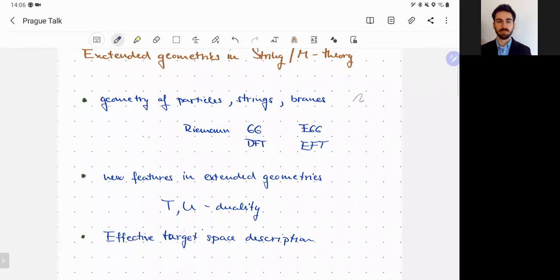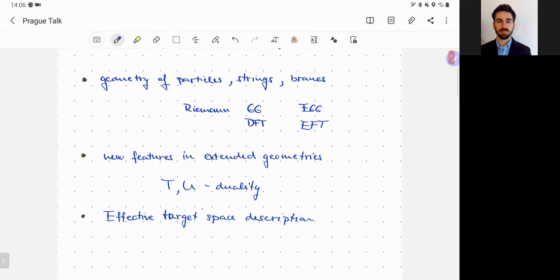I'm gonna tell you how extended objects in physics see richer geometries rather than just Riemannian geometry in the particle setup. So string theory is naturally formulated in the language of generalized geometry, or even more generally in the language of double field theory. And for branes, there's exceptional generalized geometry, that's the EGG here, and analogously for DFT, there's exceptional field theory here. I won't get to that, but that's just the underlying picture.